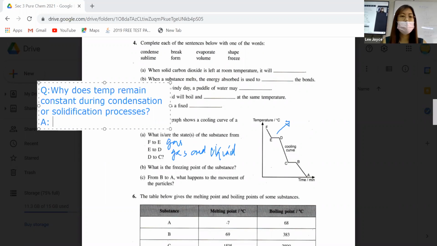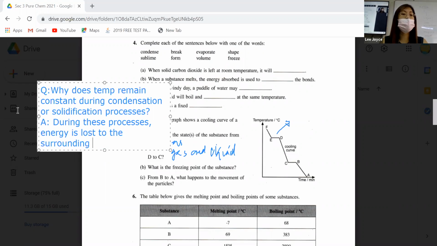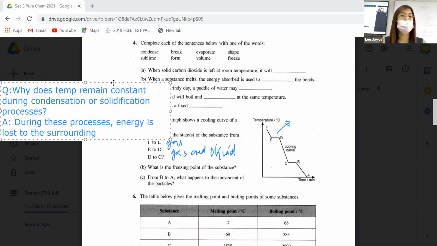Alright, so first of all, they say that during these processes, energy is lost to the surrounding. You can see that energy is lost because the temperature is decreasing, right? So there's loss of energy to the surrounding.